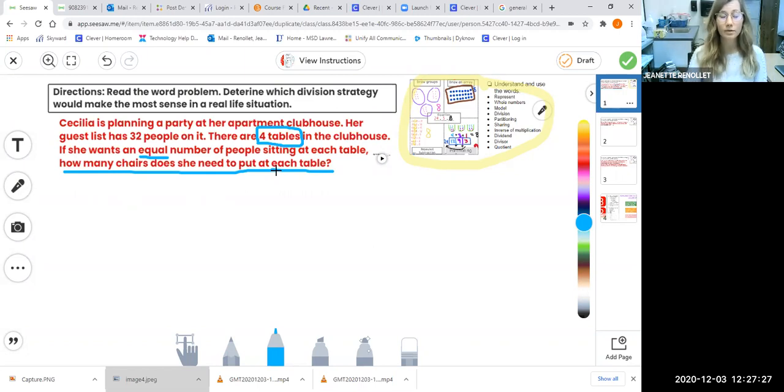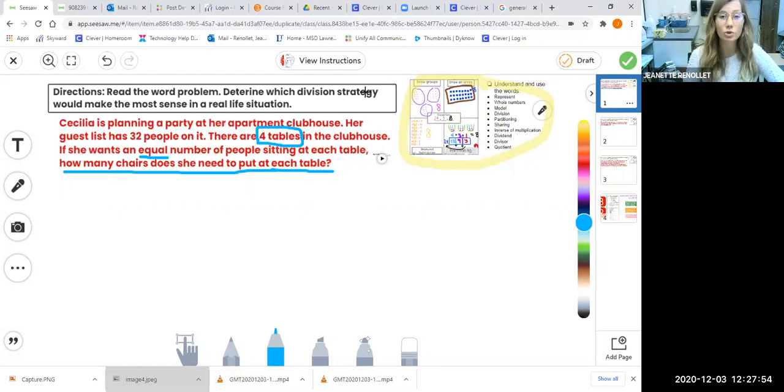So right now, I'm closing my eyes and I'm imagining her party. She has 4 tables. And she wants to know how many chairs does she need to put at each table. Can you picture that in your head? I want you to think about which strategy we could use that would make sense.